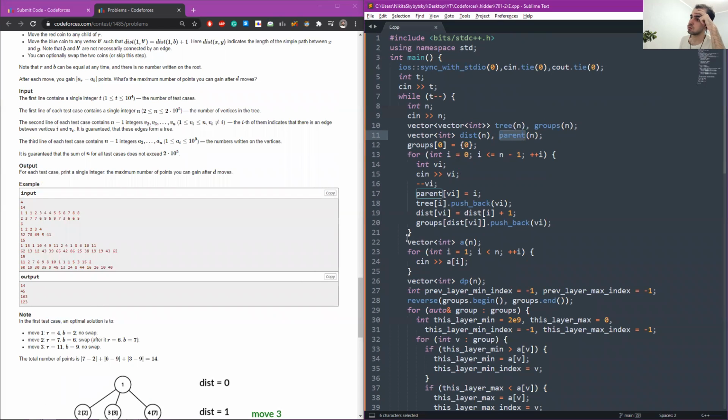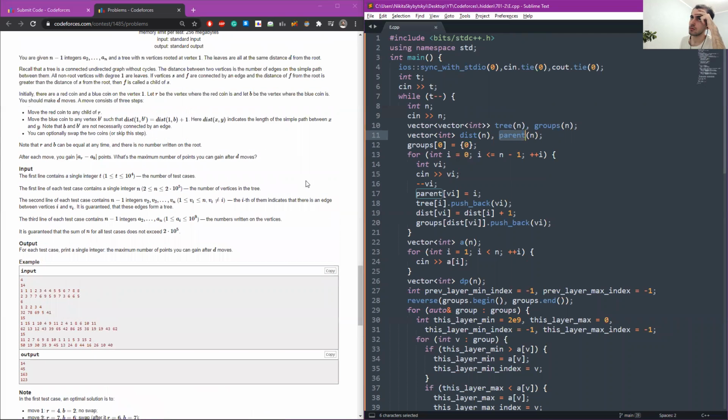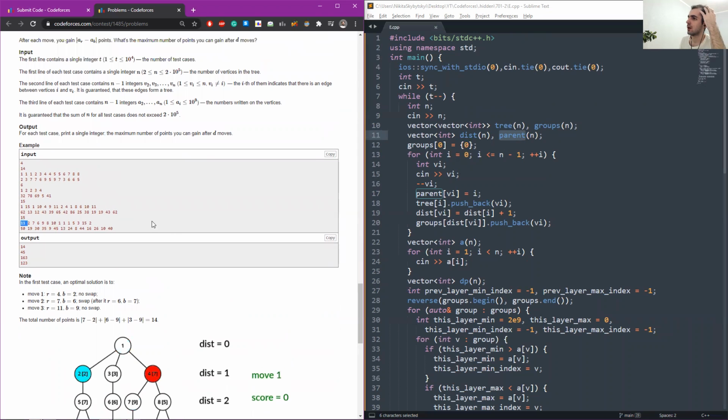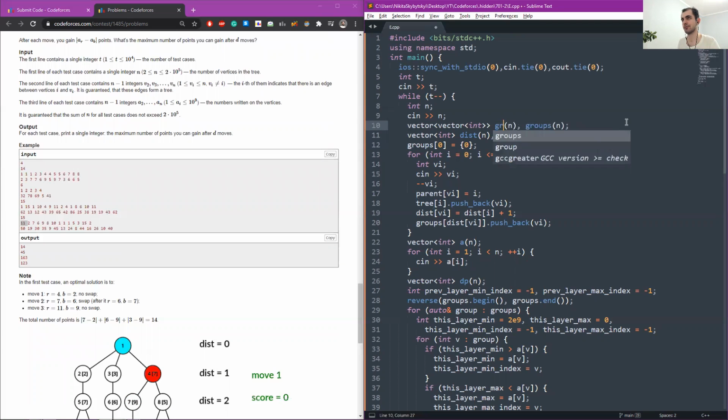Oof. Who the hell gives input in this order? Am I right that this is linked to previous? This is just somewhere. Oh man. Nah. No. Nope.